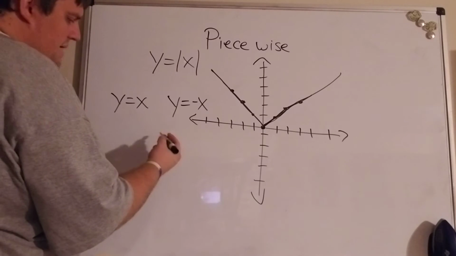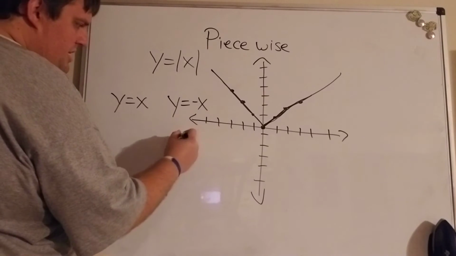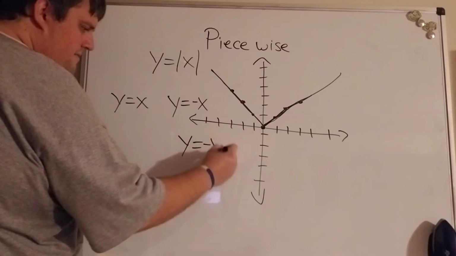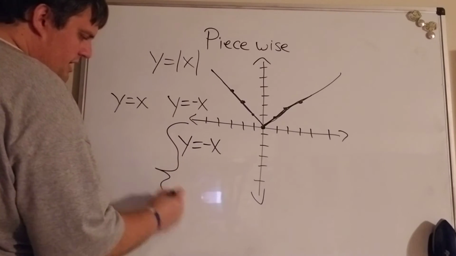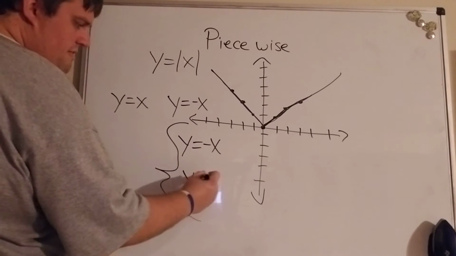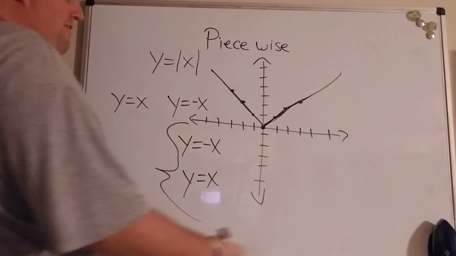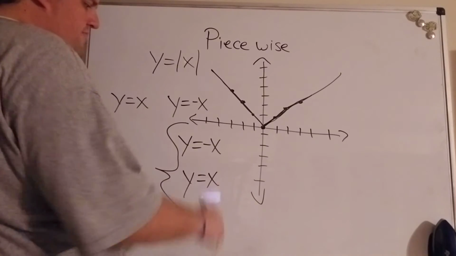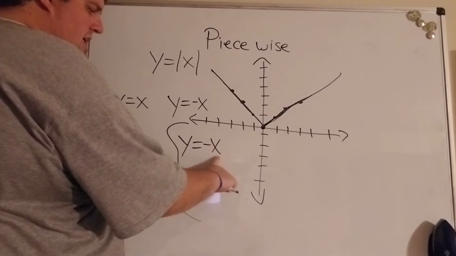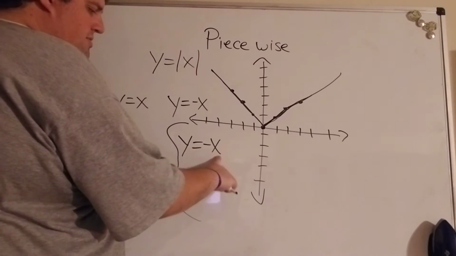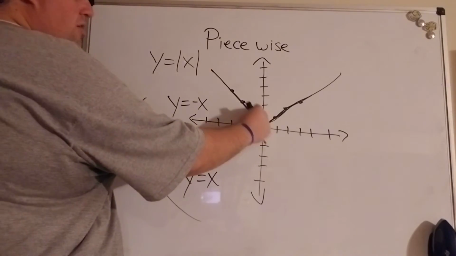So oftentimes what you'll see is we'll put these together in a little curly bracket. That is the worst one I've ever made. And then we're going to write next to it what interval that would be true for. So when is y equals negative x the equation we're going to use?